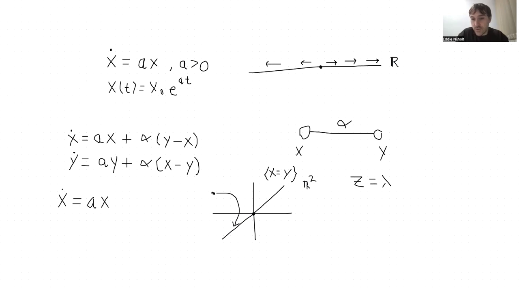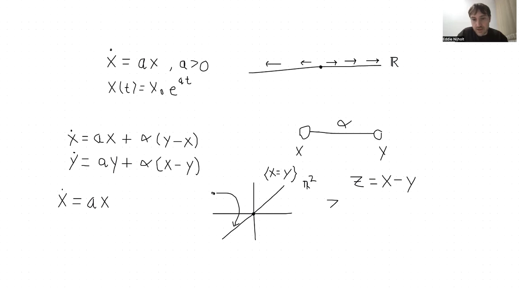We're not so interested in what the nodes themselves are doing, but we want the difference between the two nodes to go to zero. We want it to go towards this synchrony subspace. So we're going to introduce this variable. And since both variables can be seen as the coordinates of some time parameterized curves that satisfy this ODE, the same holds for z. So I can just try to get the time derivative of z.